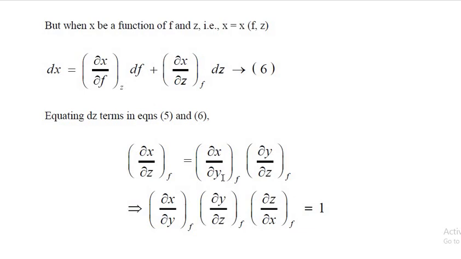So ∂x/∂y at f, ∂y/∂z at f, and the term on the LHS, bring it to the RHS. In the LHS you have ∂x/∂z. When it comes to the RHS, it will become ∂z/∂x at f. Now if you see, I can cancel all the terms: ∂x, ∂y, ∂y, ∂z, ∂z. So finally I am getting 1.